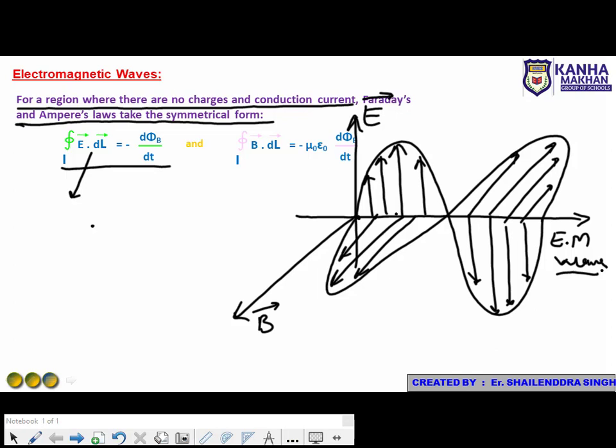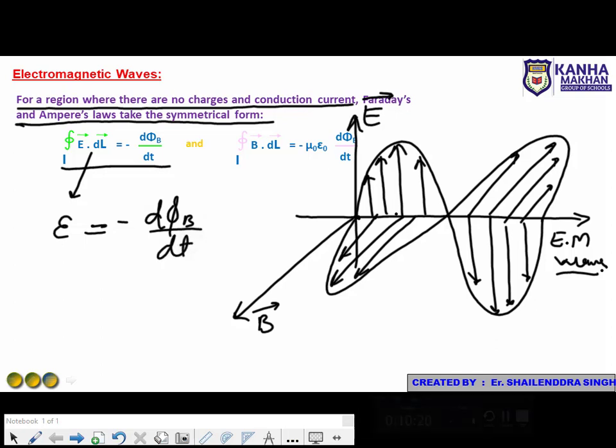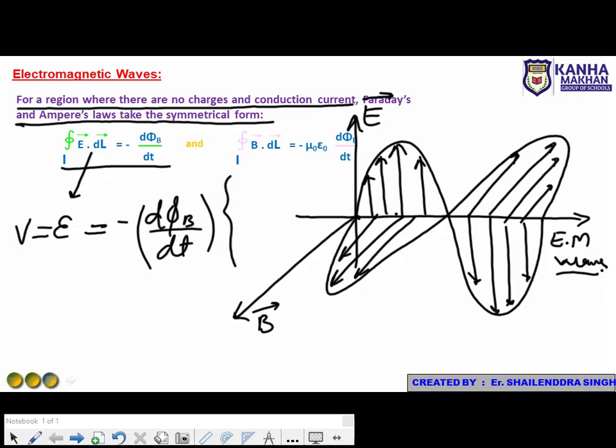Here it can be written from Faraday's law, just as I informed you, E equals minus d phi B over dt. That is, the induced EMF equals the rate of change of magnetic flux, which is Faraday's law, and you know that the induced EMF can also be written as a potential. In the earlier chapter you know very well what the potential gradient is. The electric field intensity is written as dV over dr as a potential gradient, and suppose r is treated as l, the length or distance.